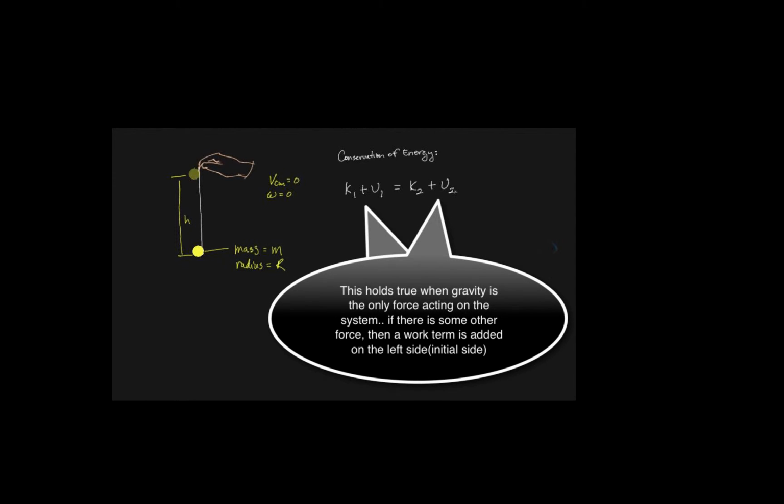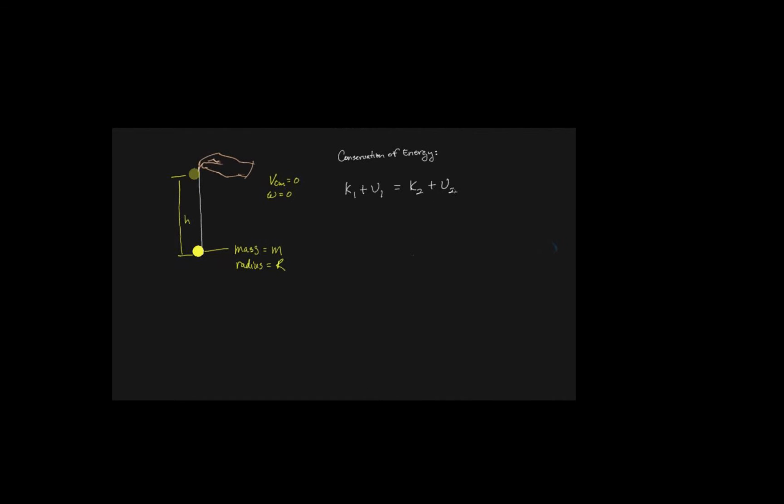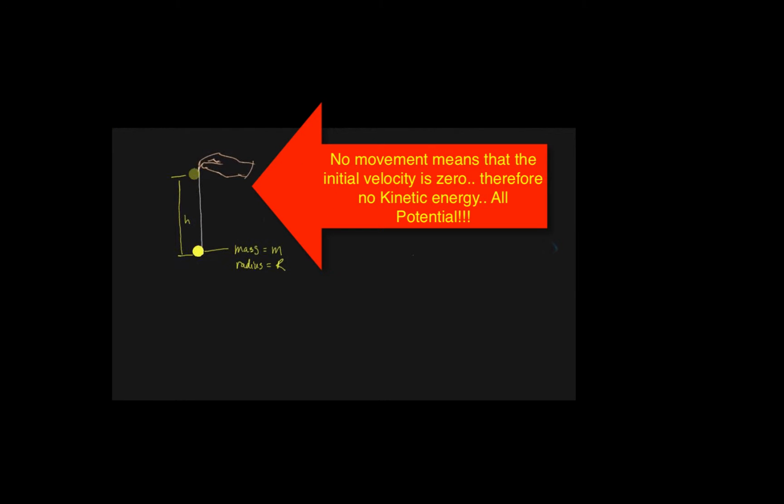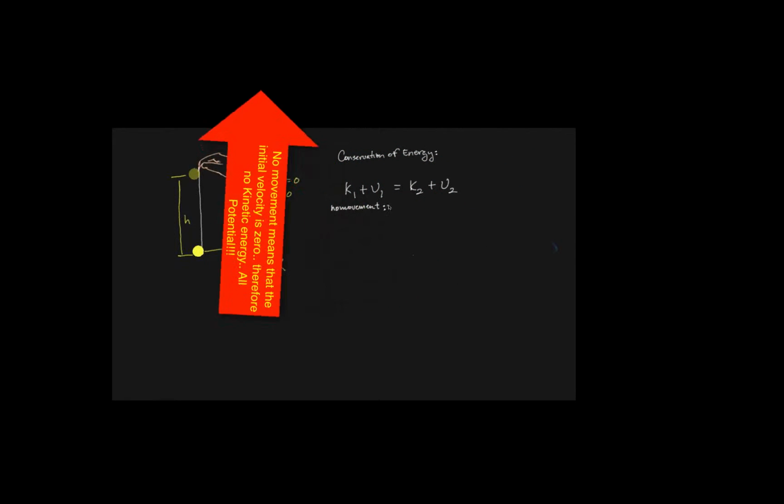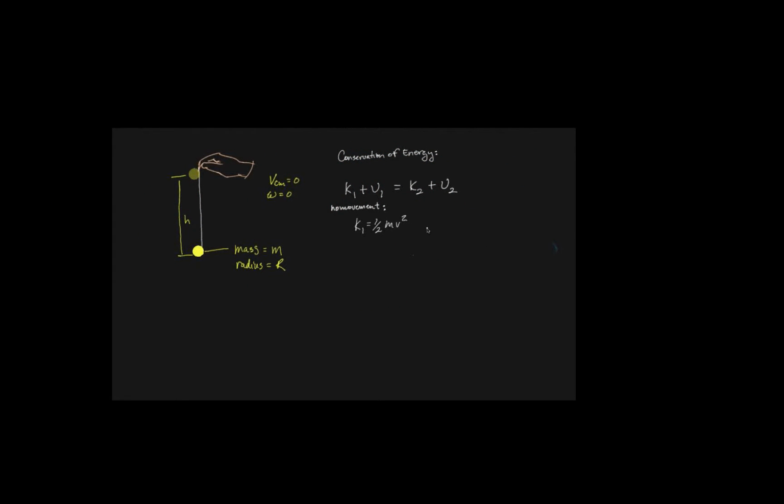So now that we know that, let's look at what's going on. Initially, what's happening? Initially, you have no movement whatsoever. If there's no movement, what do we know? We know that potential energy is at its greatest. And what else do we know? What is the velocity if there's no movement? Zero. Velocity is zero.